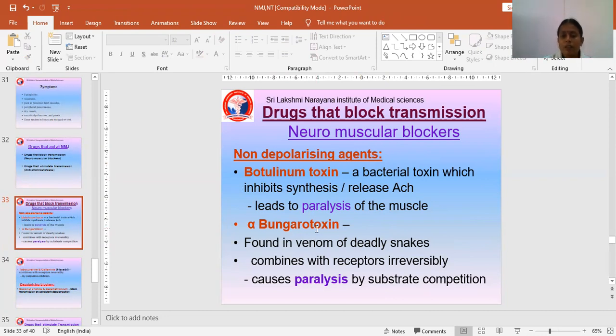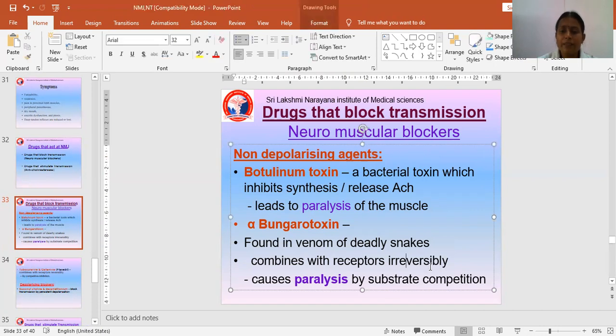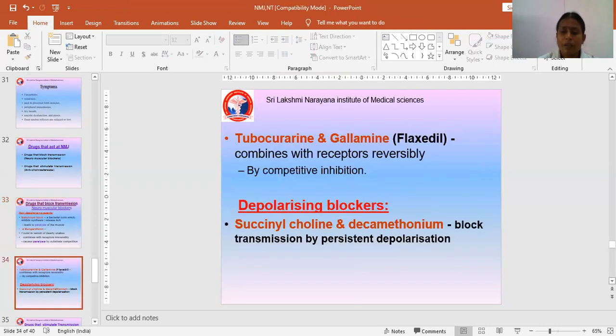These bungarotoxins combine with the receptors irreversibly and cause paralysis. The next ones are tubocurarine and gallamine. These are also non-depolarizing blockers. They combine with the receptors reversibly and cause paralysis and muscle weakness.